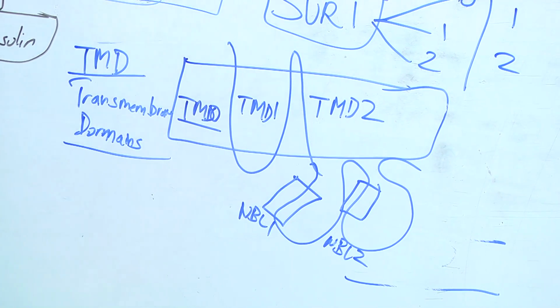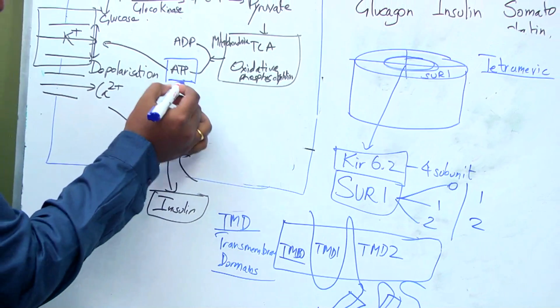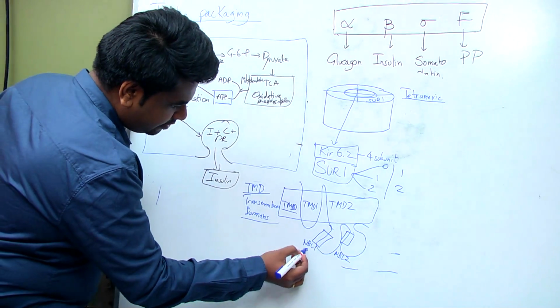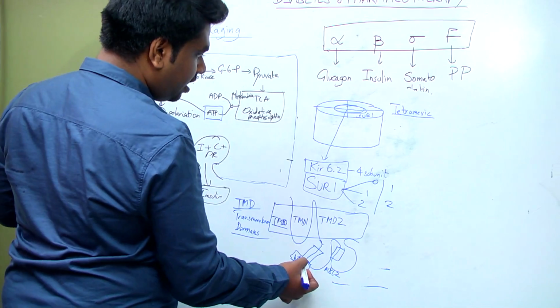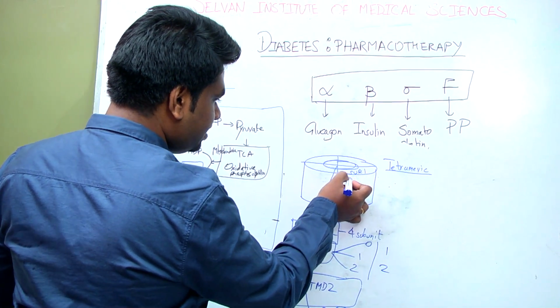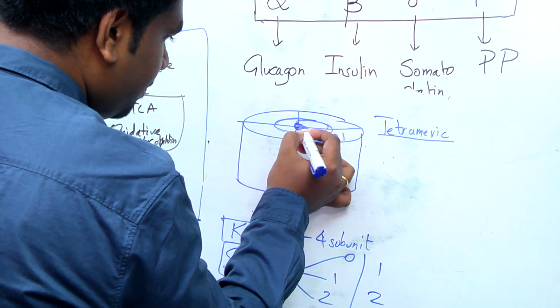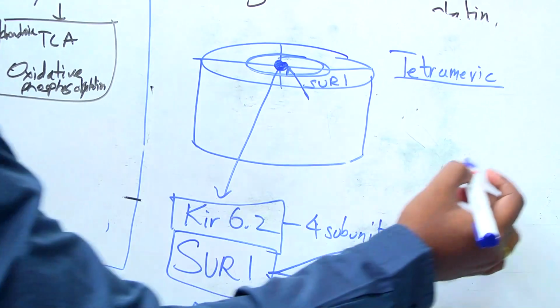So what happens here? This ATP, which we saw in the last stage, gets attached to the nucleotide binding loop 1. So it causes a conformational change in the SUR. So here there is a pore. So it causes conformational change in the KIR 6.2.